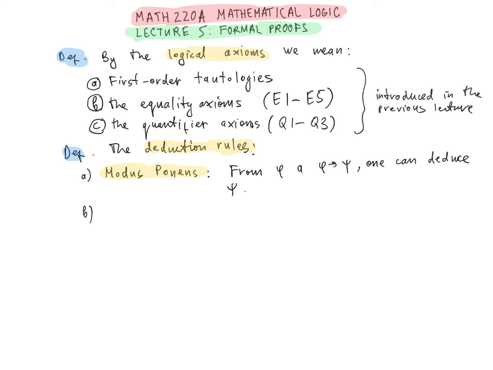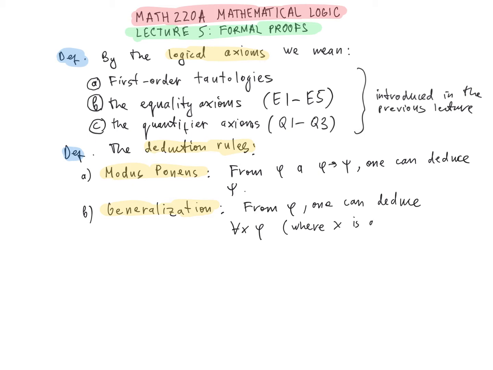And the second rule, the generalization rule, says that from phi one can deduce the formula for all x phi, where x is any variable. We will typically abbreviate the modus ponens rule as MP and the generalization rule as gen.